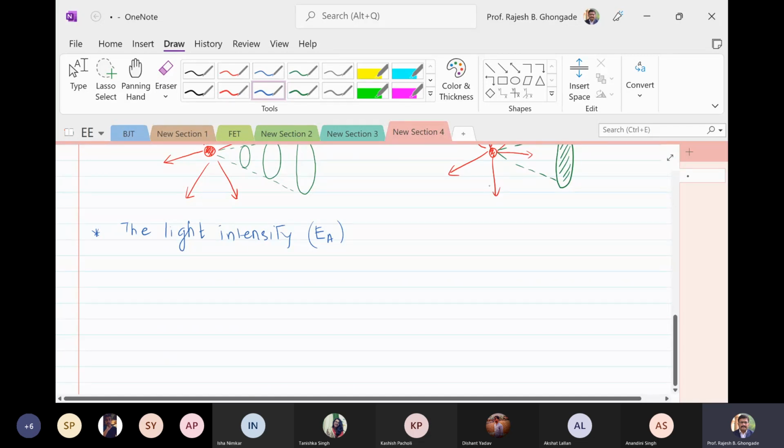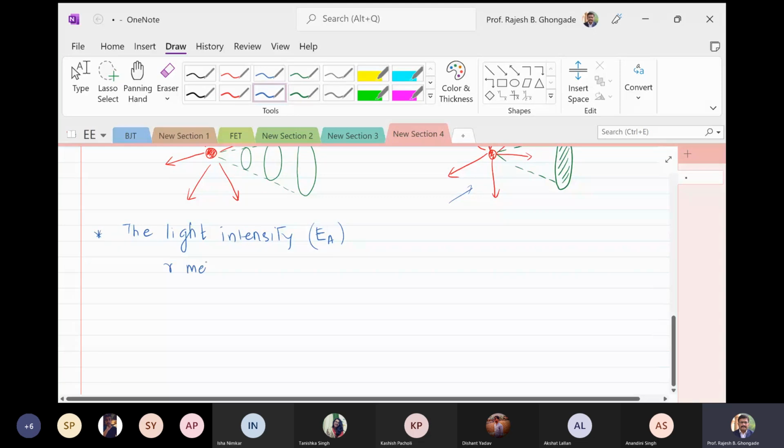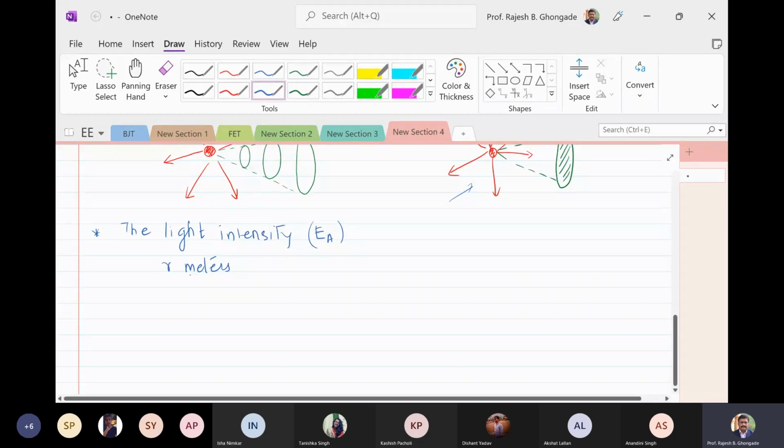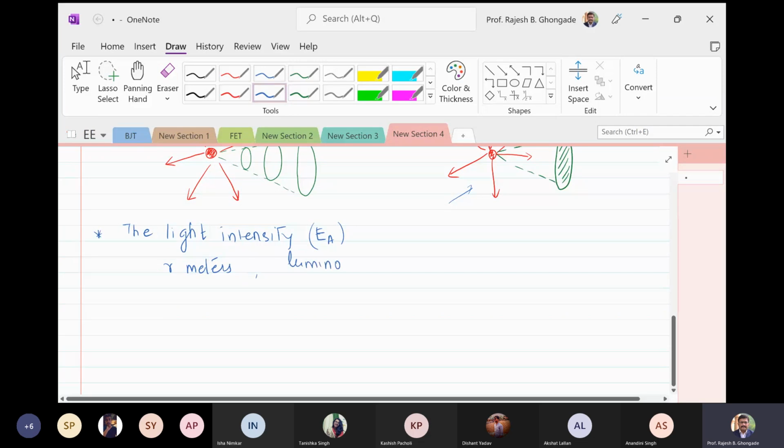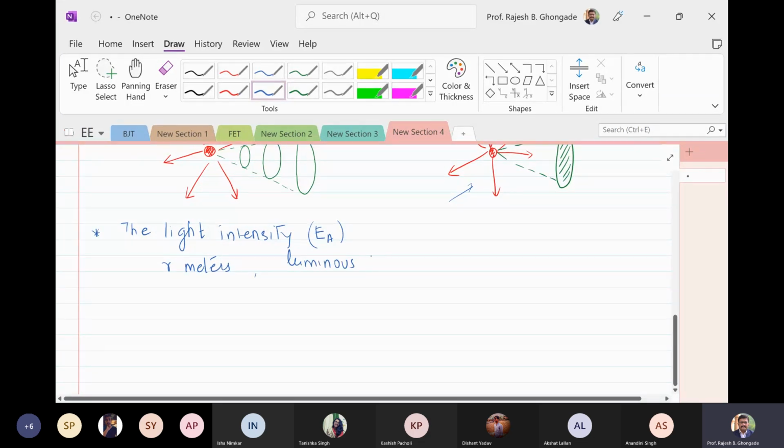So at a distance of r meters, the luminous flux is spread over a spherical area of 4 pi r square meters.